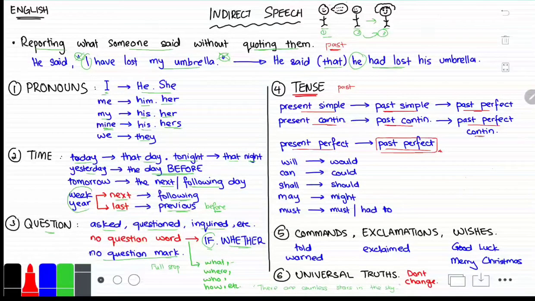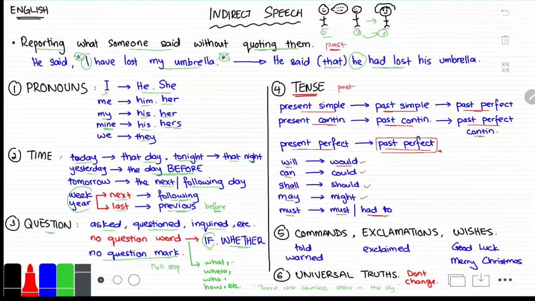What about your modals? For example, your will, can, shall, may, and must. Will turns to would, can to could, shall to should, may to might, and must can stay as must or change to had to. But what if we have our sentence already in the past? For example, your would, your could, and your should, and maybe even your might.